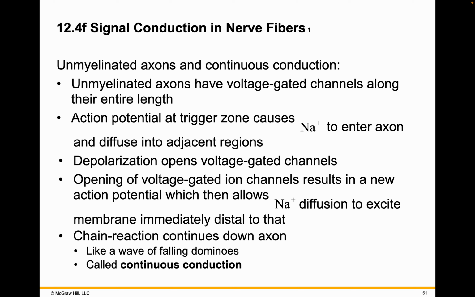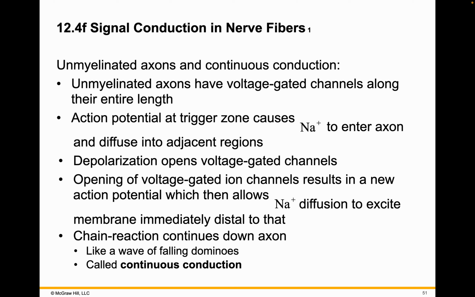Unmyelinated axons and continuous conduction. Unmyelinated axons have voltage-gated channels along their entire length. The action potential triggered at the trigger zone causes sodium to enter the axon and diffuse into adjacent regions. Depolarization will open voltage-gated channels.